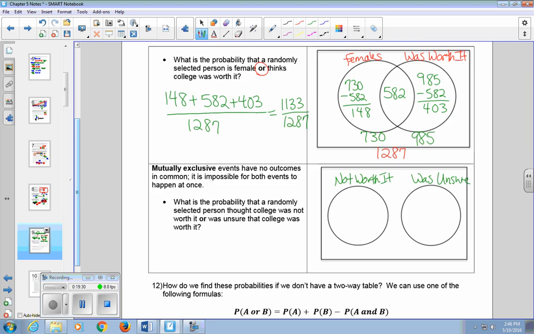That means they're mutually exclusive. So in that case, we can just look at the 104 people that said it wasn't worth it and add that to the 198 people that weren't sure. So we get a probability of 302 out of 1,287. And again, note here that there's no overlap.